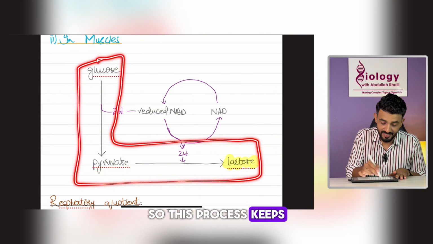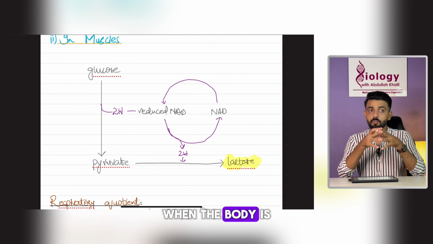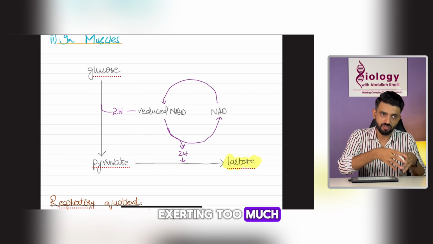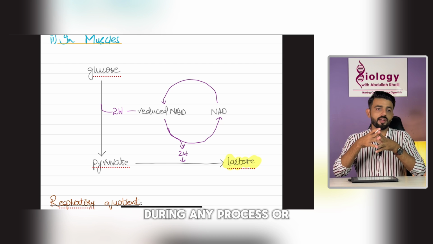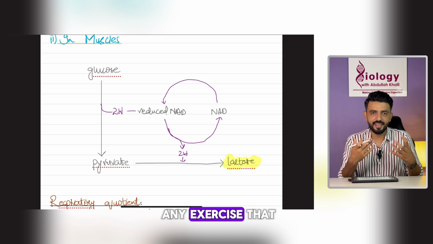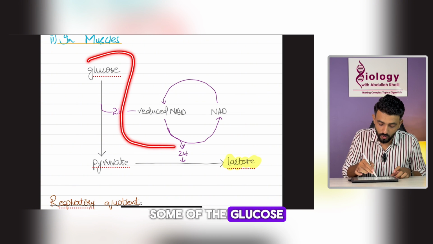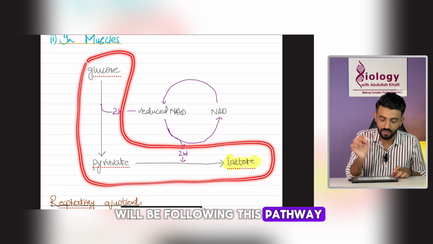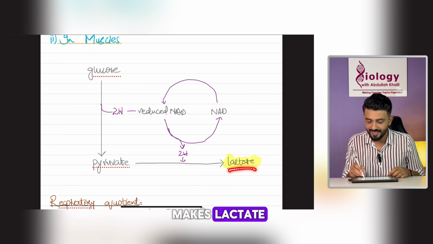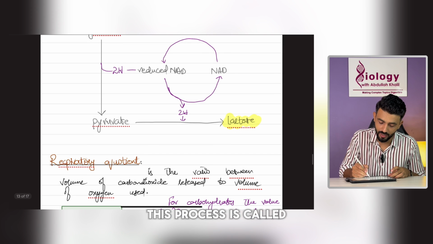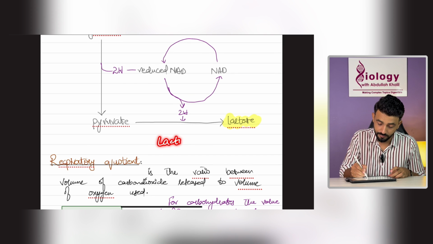When the body is exerting too much during strenuous exercise, some of the glucose will be following this pathway in our muscles. It makes lactate, so this process is called lactic fermentation.